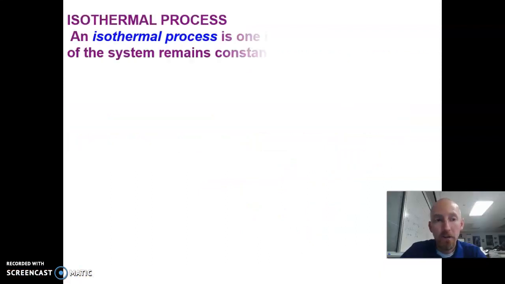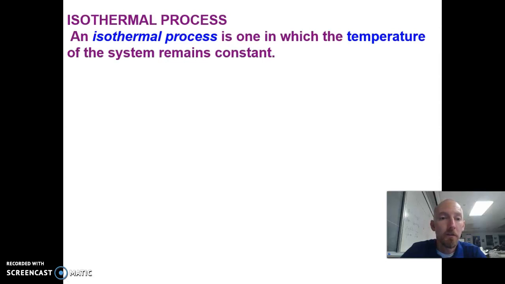Next process is called isothermal. Thermal is in temperature, right? Iso meaning to not change. So this is where temperature stays constant. Think about if we have a gas in a cylinder with a piston and you want the temperature to stay constant for that gas, what would you have to do?